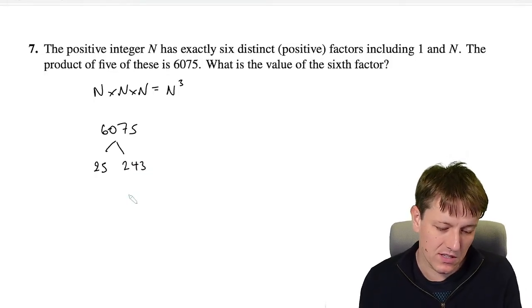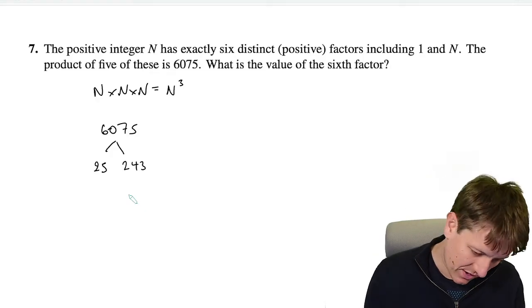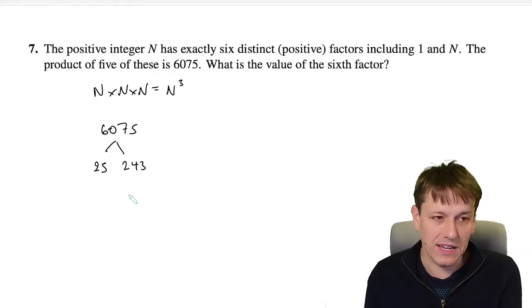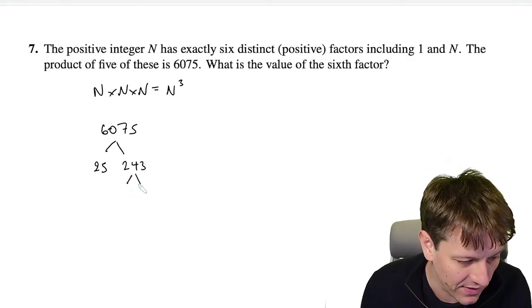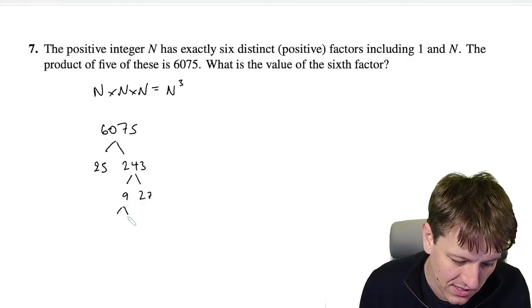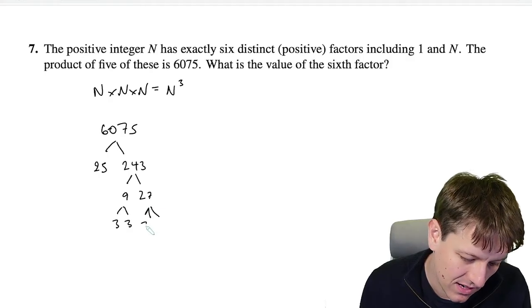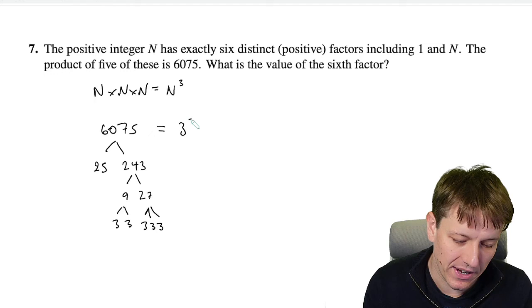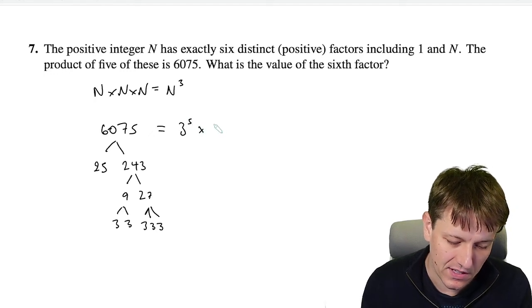Also, we've got the digit sum as a multiple of 9, so we know there's a factor of 9 in there. In fact, you might also recognize 243 as 3 to the power of 5, or if you want, you can go 9 times 27 and then 3 times 3 and then 3 times 3 times 3. Really, however you get the prime factorization here, I don't mind, but it's 3 to the 5 times 5 squared.